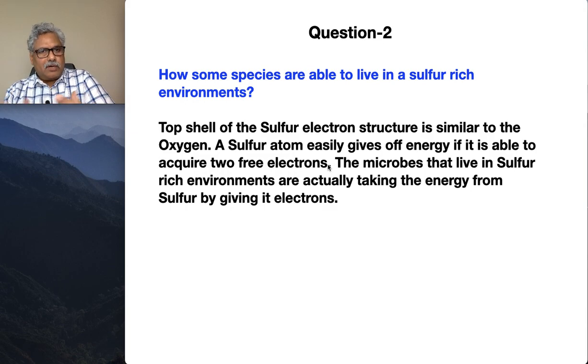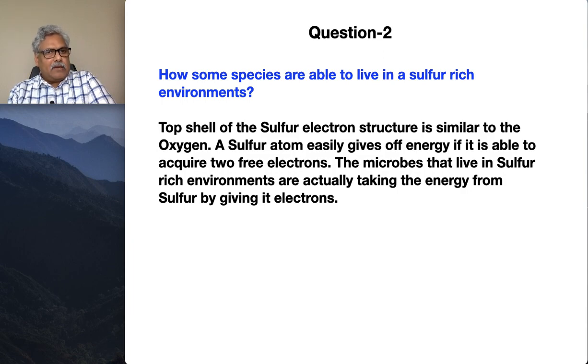So if it acquires free electrons, it releases the energy. So the microbes that live in sulfur-rich environments like mines are actually taking the energy from sulfur by giving it electrons. So that's how I think they are surviving in those environments.